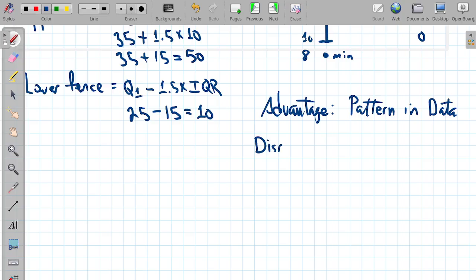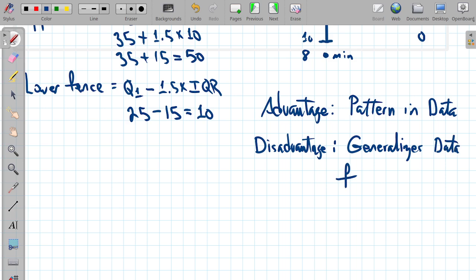What is a disadvantage? Well, it only generalizes the data. It doesn't give you specifics. There are few, if any, specific points. Maybe specific isn't the right word.